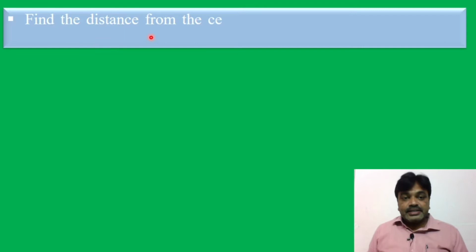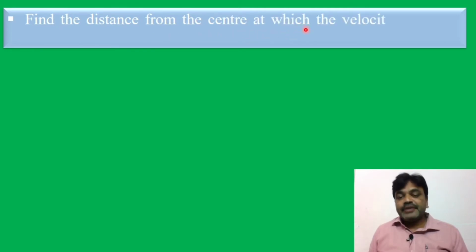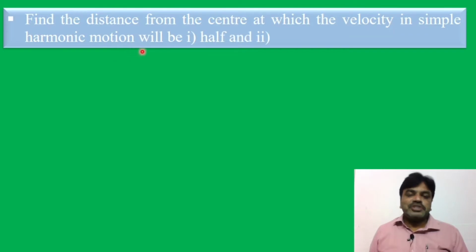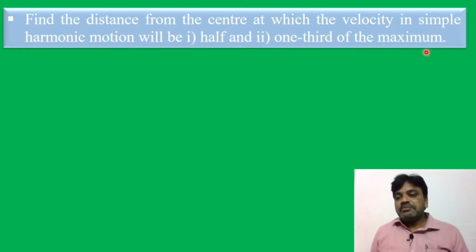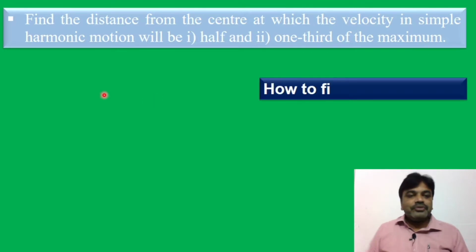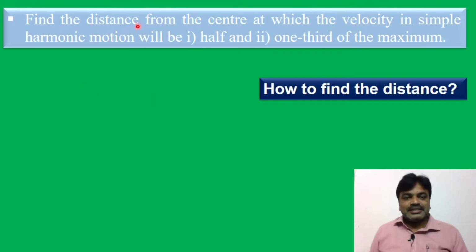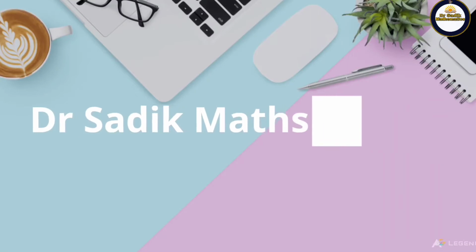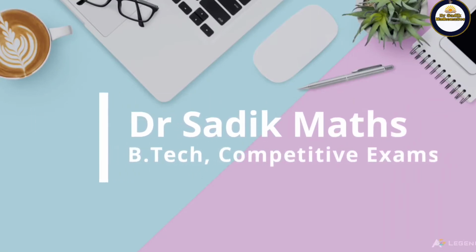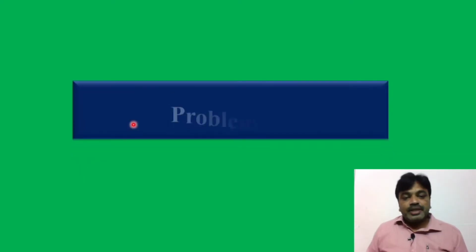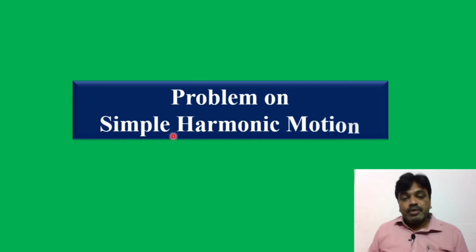Find the distance from the center at which the velocity in simple harmonic motion will be half and 1/3 of the maximum. How to find the distance? Today we discuss a problem on simple harmonic motion.